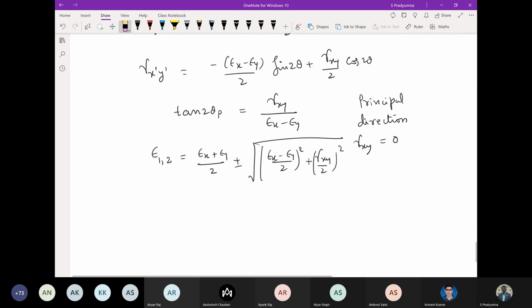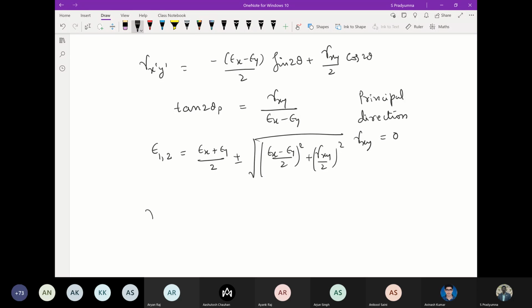This expression actually looks like this: gamma x dash y dash is equal to minus of epsilon x minus epsilon y sine 2 theta, and then plus gamma xy cos 2 theta. This is the correct expression.